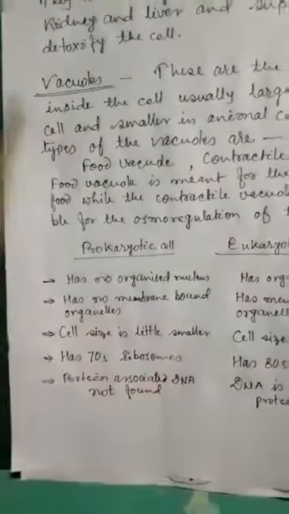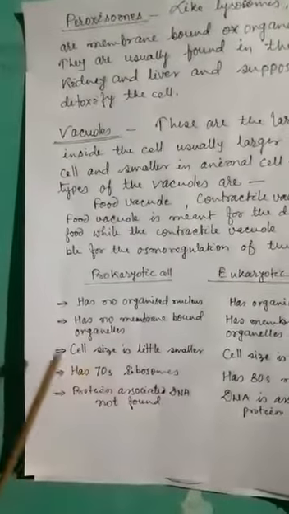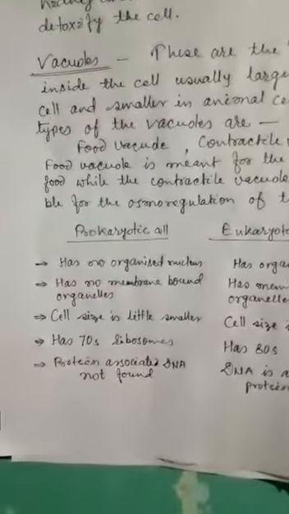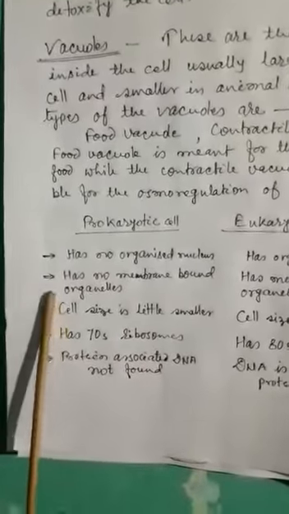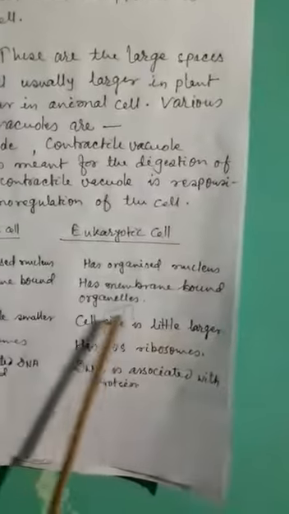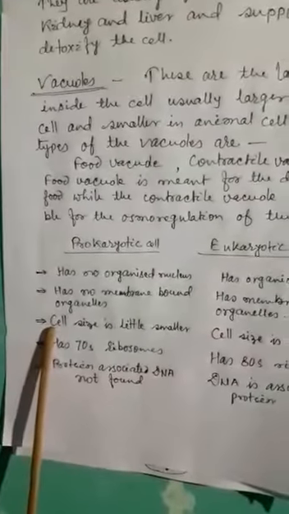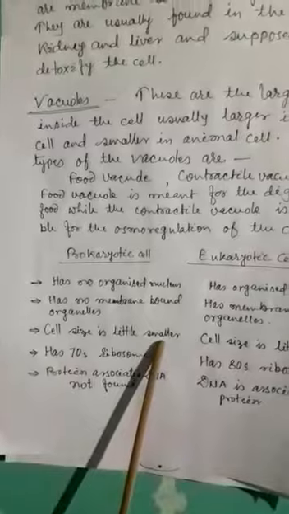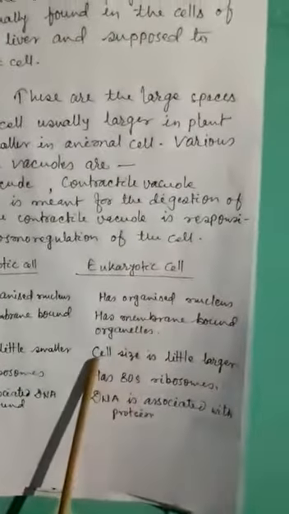The other important feature is that the prokaryotic cell has no membrane-bound organelles. Every organelle that we have discussed earlier, we don't find in the prokaryotic cell with a membrane around it, whereas the eukaryotic cells have membrane-bound organelles. In prokaryotic cell, the cell size is a little smaller; in eukaryotic cell, the cell size is a little larger.